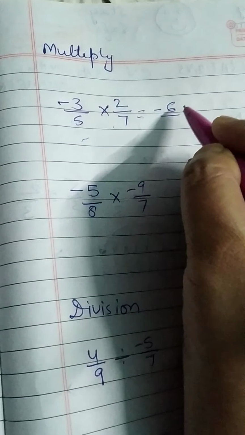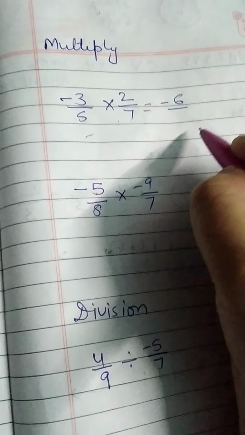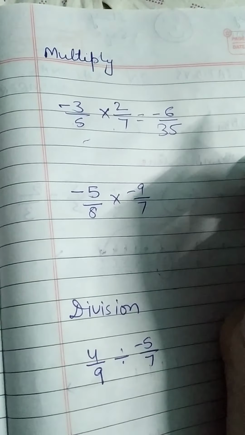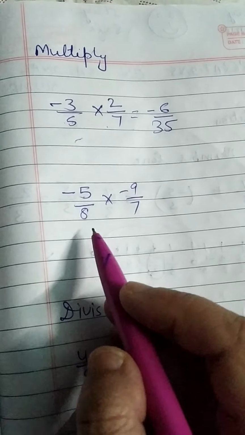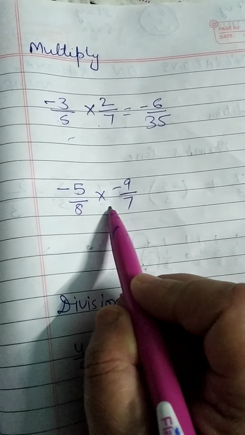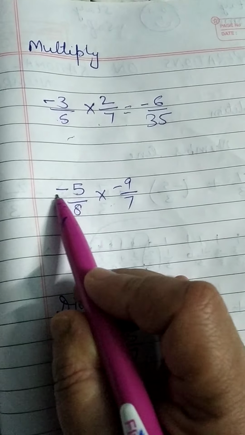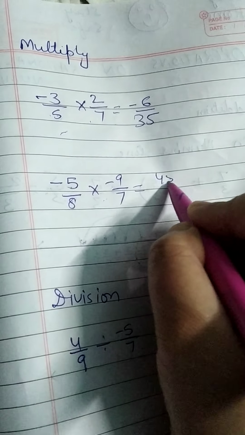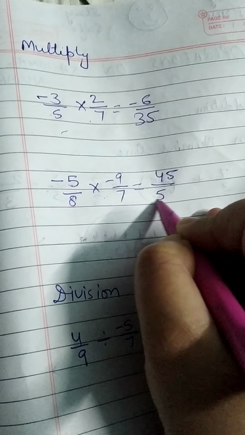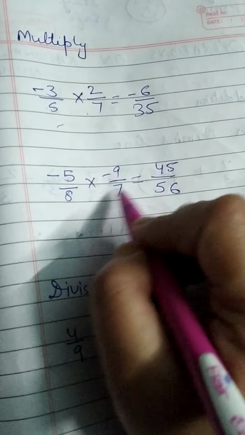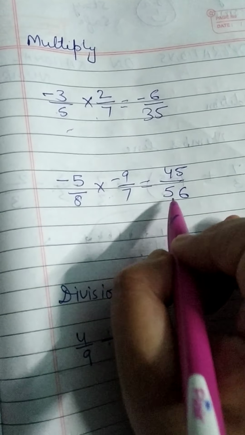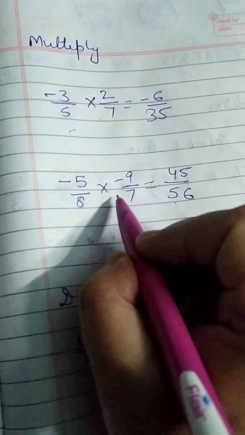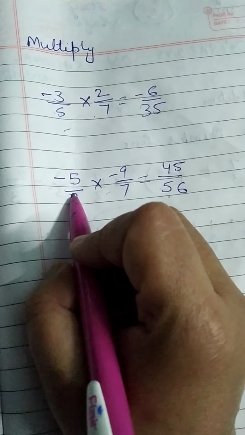So the answer will be minus 6 upon 35. And if we are taking both negative, minus minus becomes plus. So 9 5s are 45 and 8 7s are 56. Here also we don't have anything common. But this will become positive because both of these are negative.